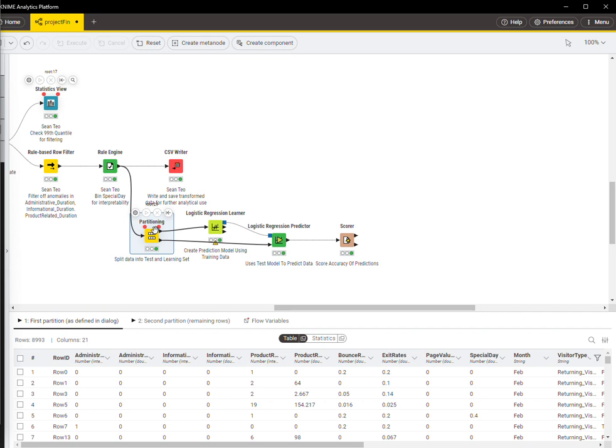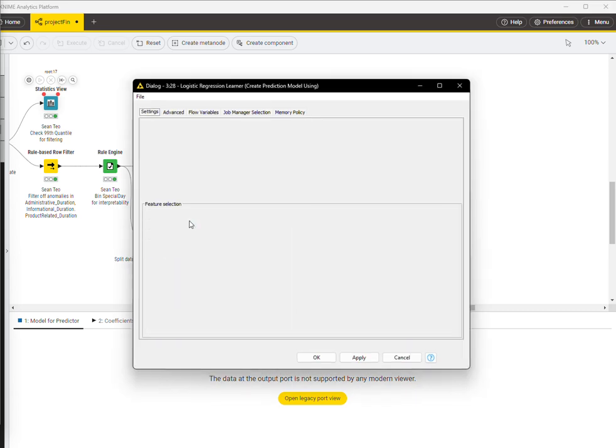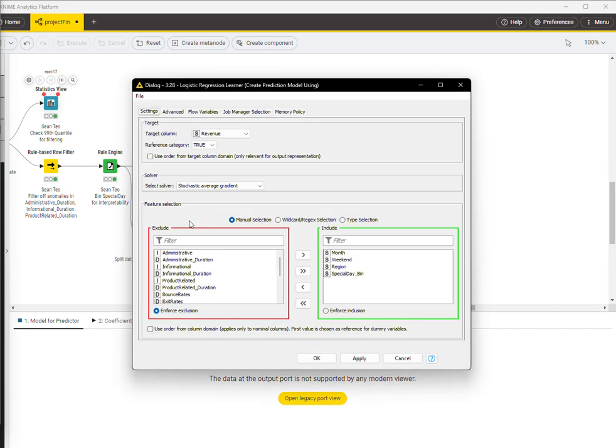From my investigative and further insight questions, I found that the month, region, proximity to special day, and whether it was a weekday or weekend were the biggest drivers to driving a successful transaction making visit. So I selected these for training use and selected revenue as the target for the train prediction model.